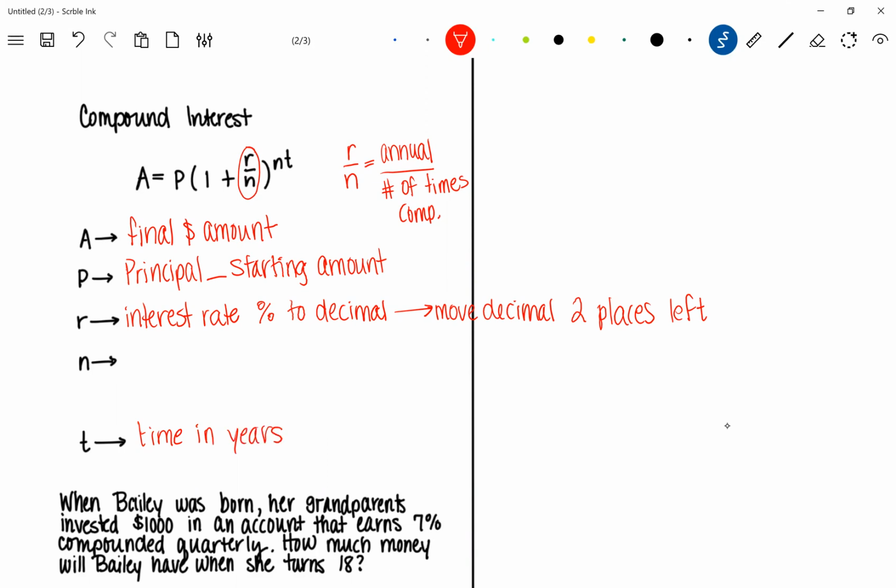With some growth formulas, like if they're calculating it over days, T is in days. But when it's talking about interest, it's always in years. The N is the number of times it's compounded.